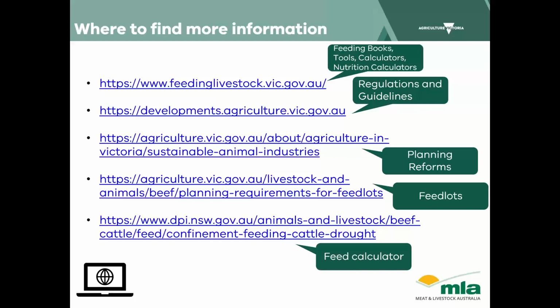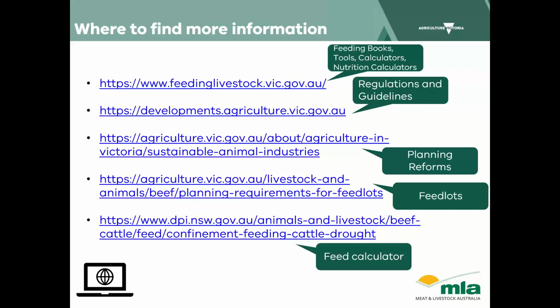What is, and I assume that at least one of the three webinars will cover this if Chris can't answer it tonight, but what is the maximum number of sheep you can hold in a containment? That's a very good question. It probably ultimately comes down to effluent management, so runoff and manure management.